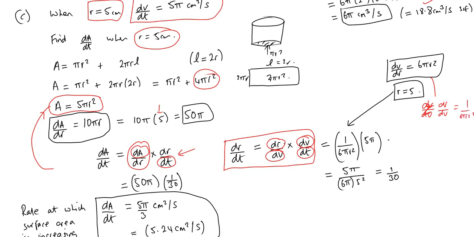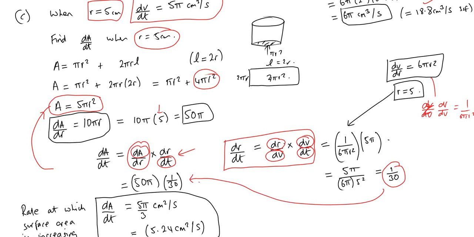Then we can substitute it into here, and we know that the value of r is 5. Okay, and then we can calculate what dr by dt is. Then we can go back and substitute it into there to find dA by dt.